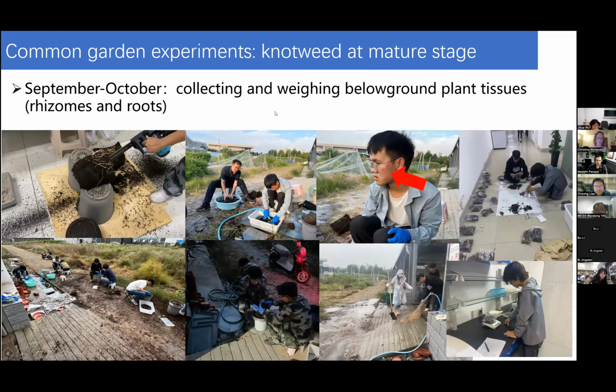Then we collected and weighed the below ground plant tissue. This is a picture of how we did this experiment. To be honest, this part I think is a very challenging task because the culture medium is tightly attached to the root rhizomes, so it's very challenging.